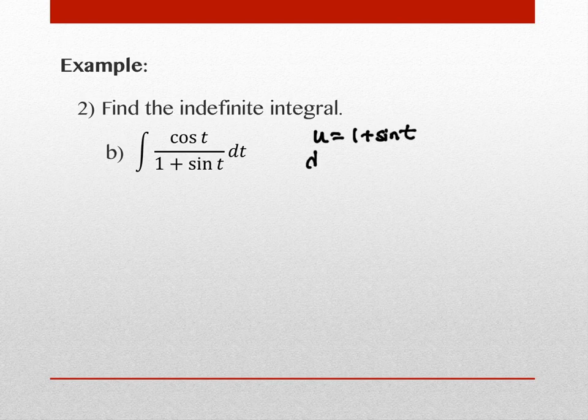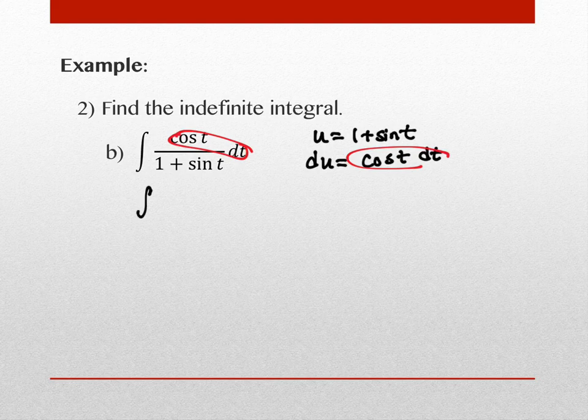What is the derivative of 1 plus sine of t? It's cosine of t, which is actually very nice, right? Because that's what's on top. So this piece right here looks exactly like this piece over here. So when I do my u substitution and do the replacement for it, my du is going on the end, or dt, because, no, du, sorry, I said it right, is going on the end.